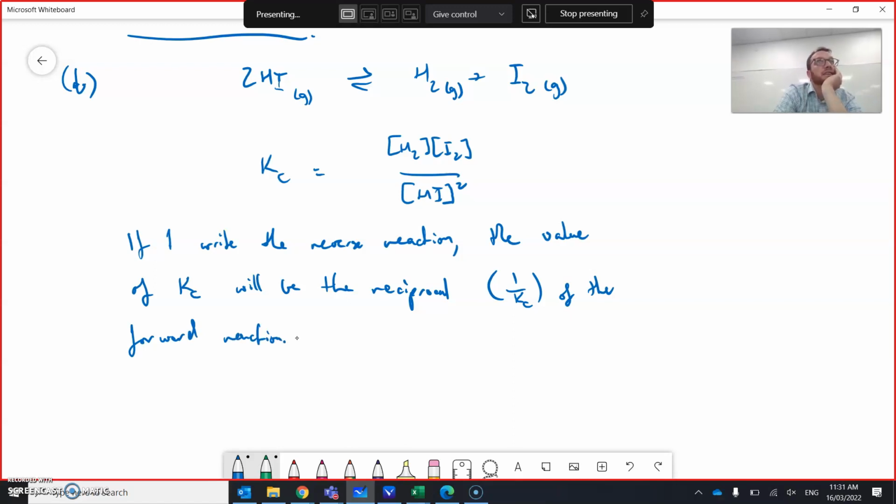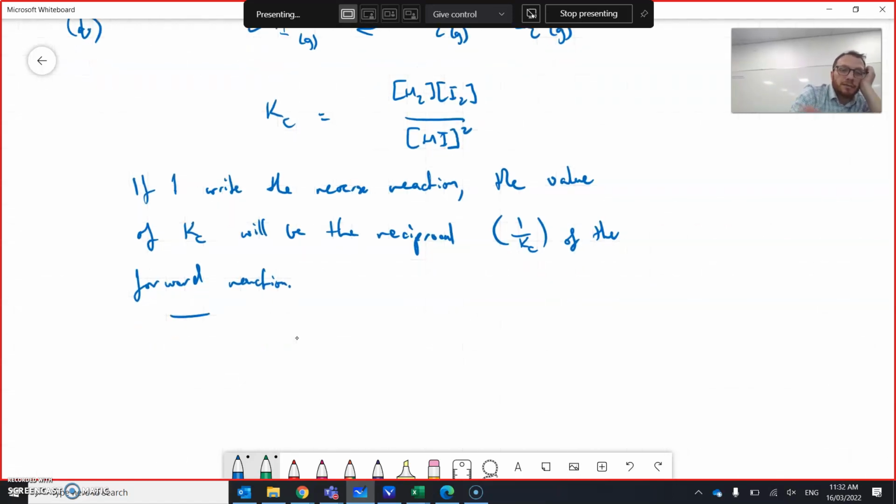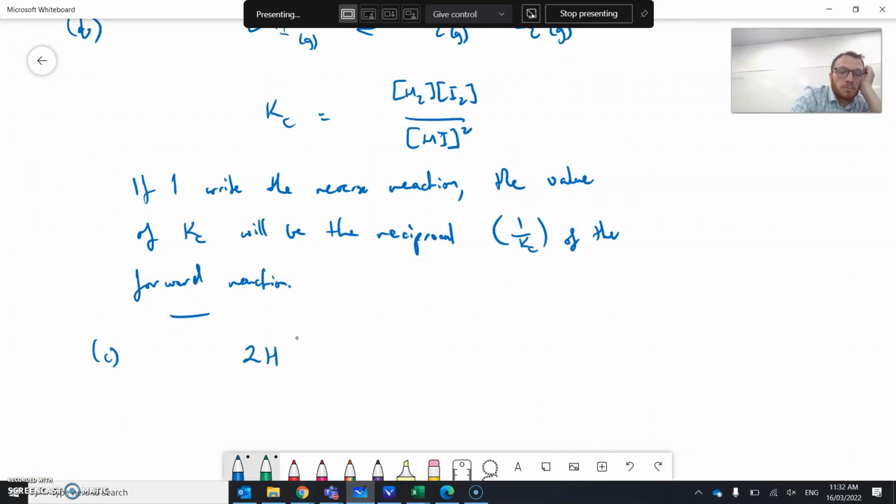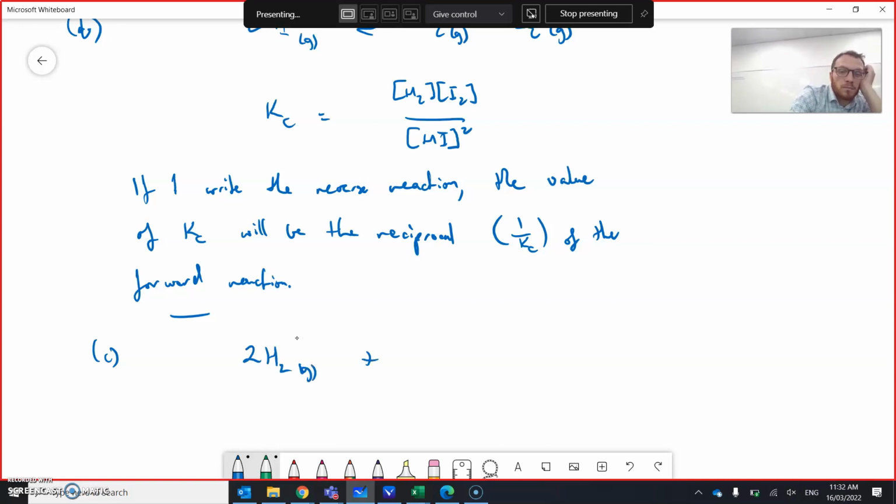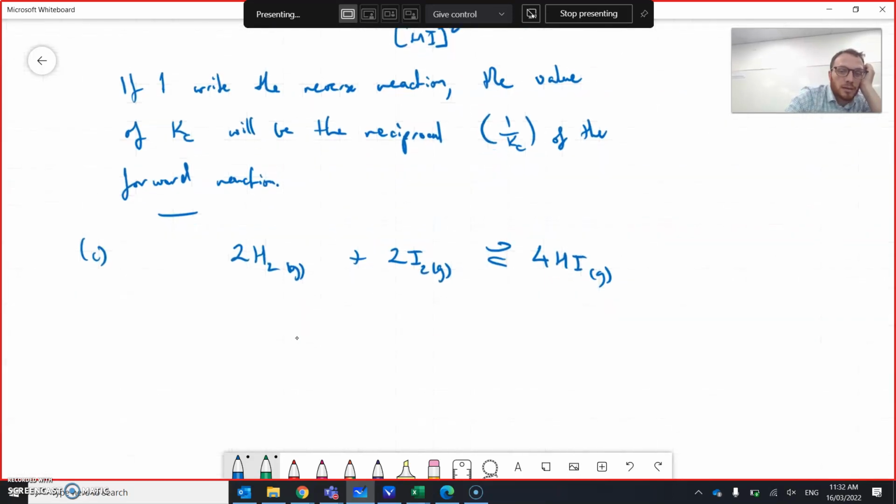Make sense? So what do we do to delta H when we reverse the reaction? We change the sign. So what we do to the value of Kc is we take the reciprocal. All right, let's do something else. Let's go back to that first equation and write the expression for that reaction.